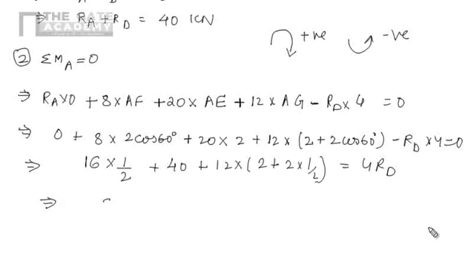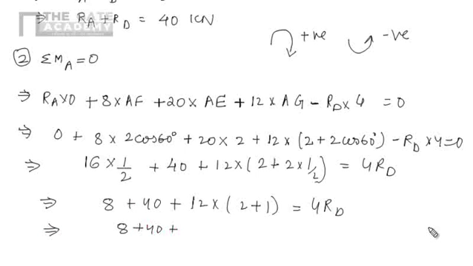So this thing is 8 plus 40 plus 12 into 2 plus 1 equals 4 RD. So this will be 8 plus 40 plus 2 plus 1, 3 into 12, 36, 4 RD.